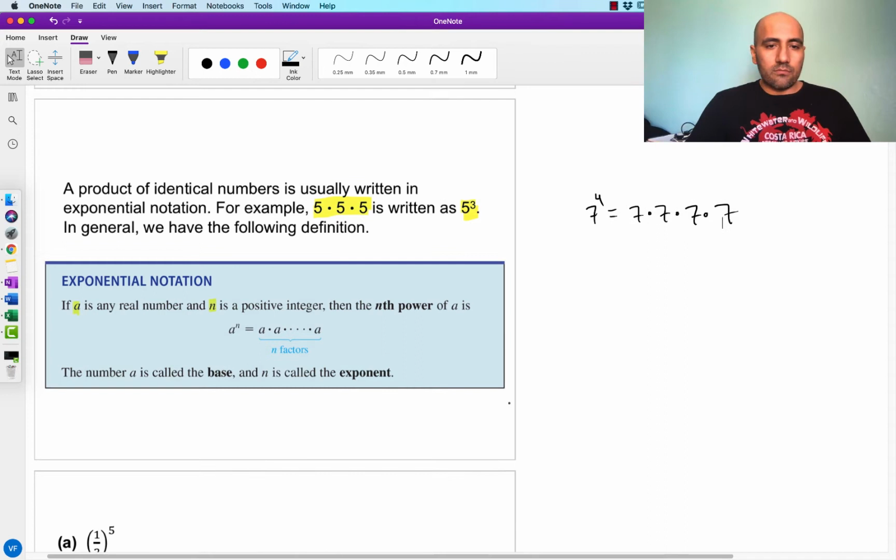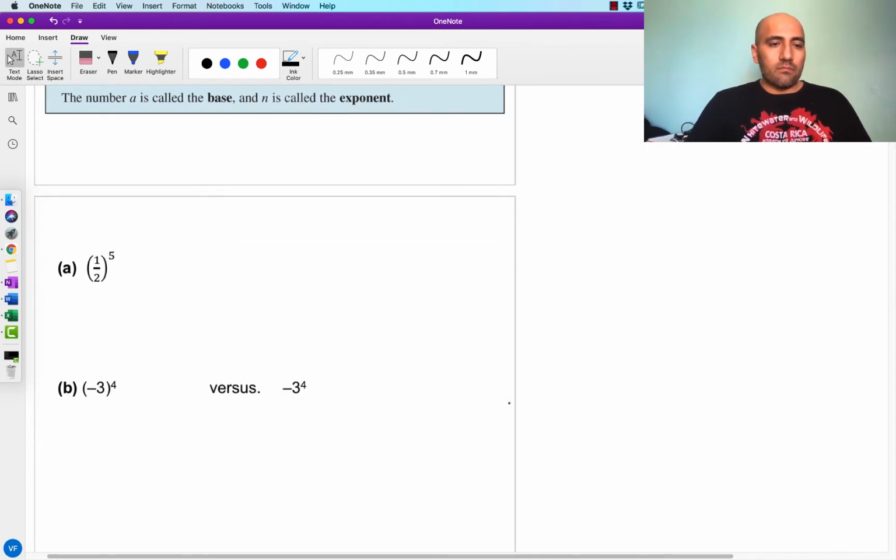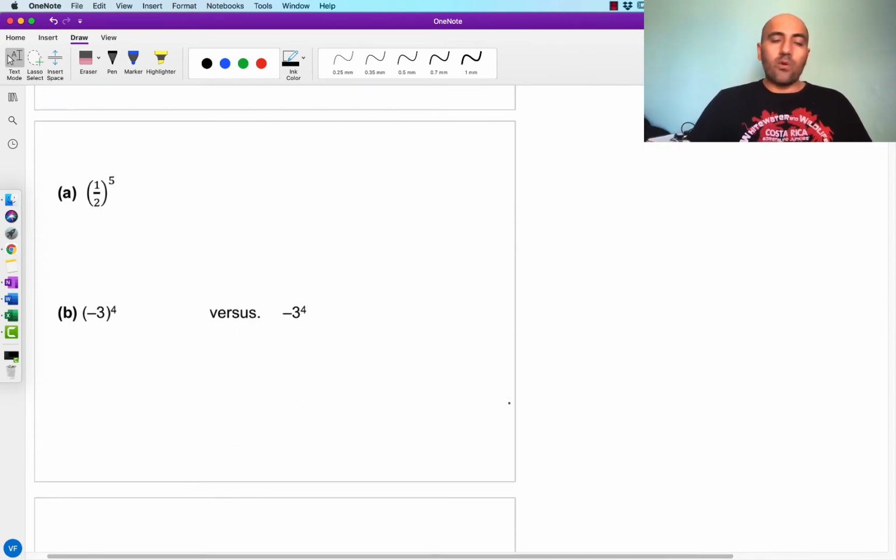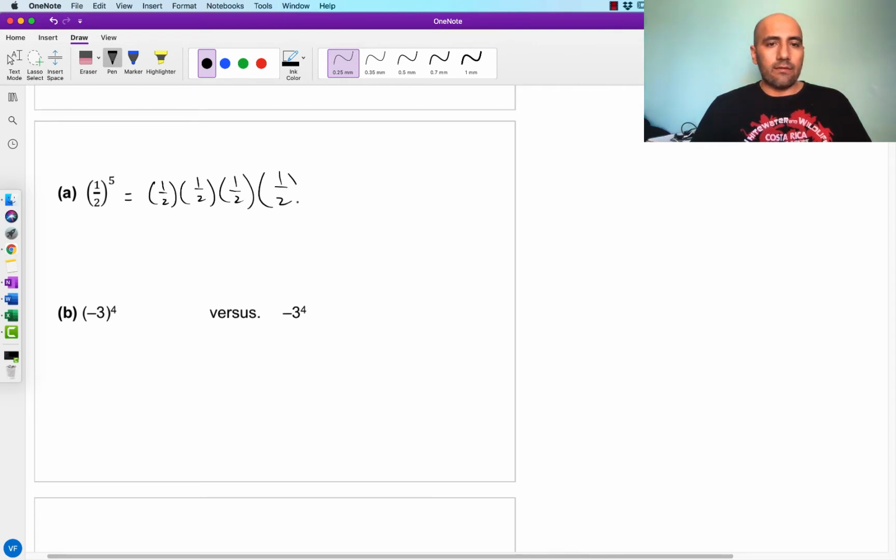There's a couple of other examples. What if we had 1/2 to the power of 5? Well, then this would be 1/2 times 1/2 times 1/2 times 1/2 times 1/2, 1, 2, 3, 4, 5 of them being multiplied.